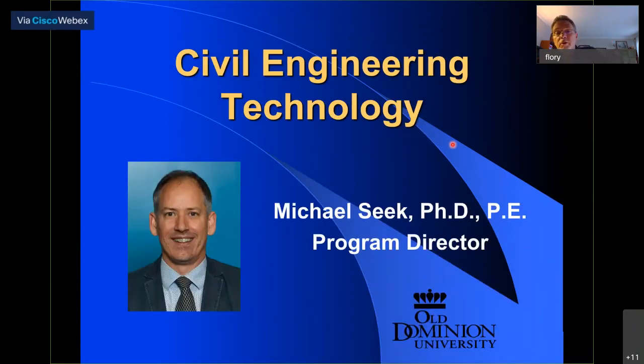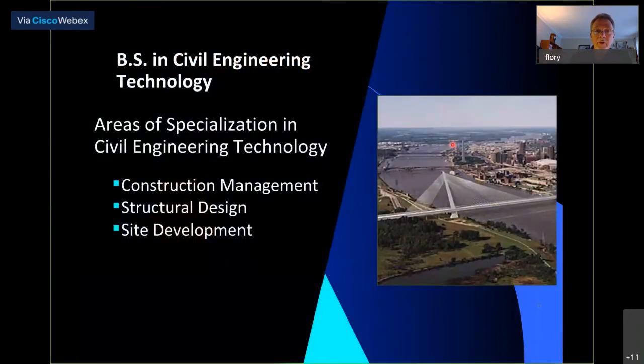So civil engineering technology is the first of the three. Dr. Michael Seek is the program director. He's been doing it now for not that long. He jumped on board about 6 months ago, and he's doing a great job. In civil engineering technology at Old Dominion University, we have three separate areas.